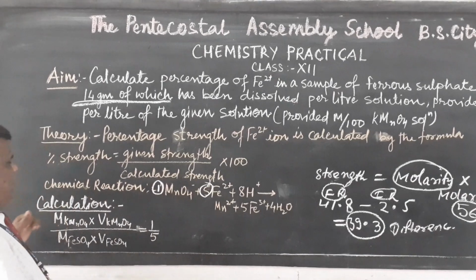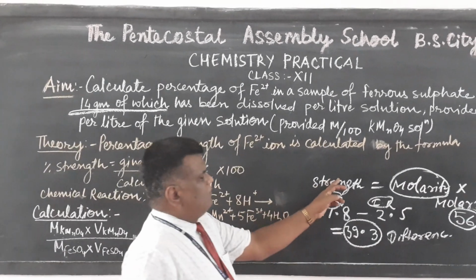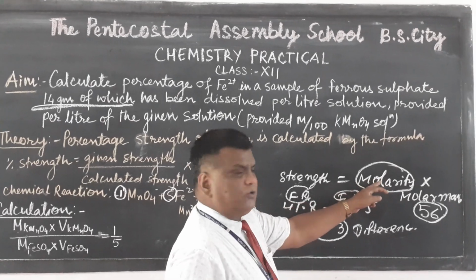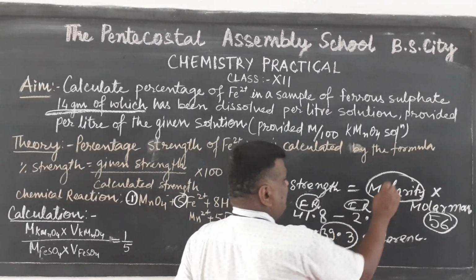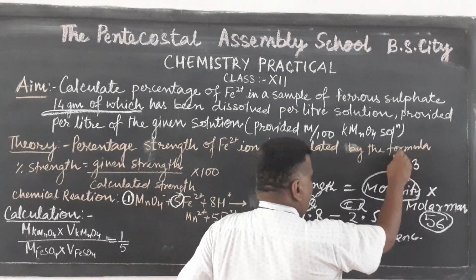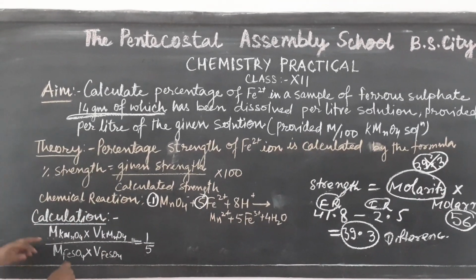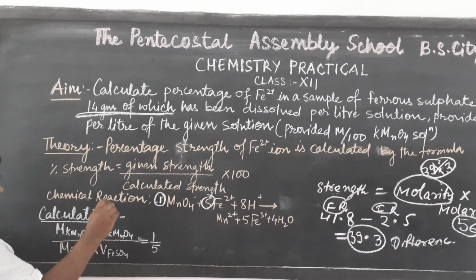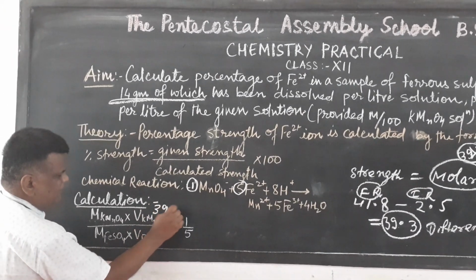Now you put the value here in the strength formula. Strength is equal to molarity into molar mass. So the concordant reading came 39.3. You put M KMnO4 into V KMnO4 is 39.3.